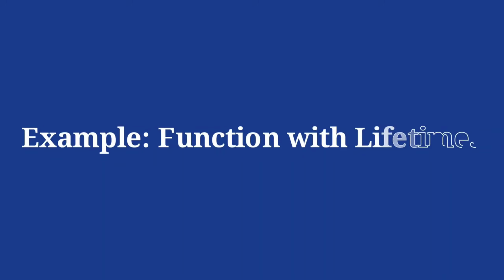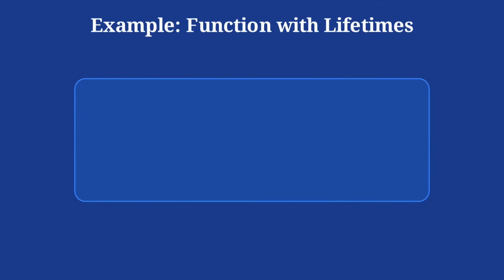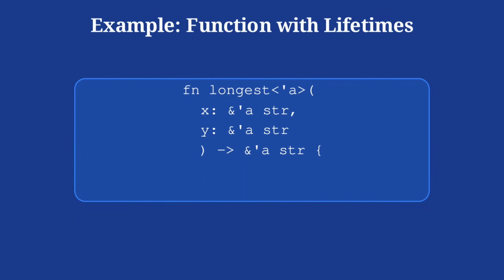Let's look at a common example: a function that takes two string slices and returns the longest one. Here we have fn longest<'a>(x: &'a str, y: &'a str) -> &'a str.